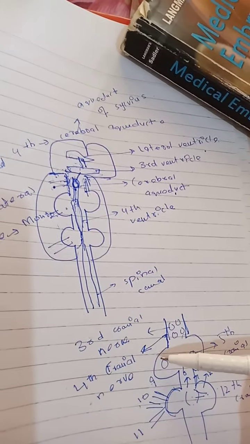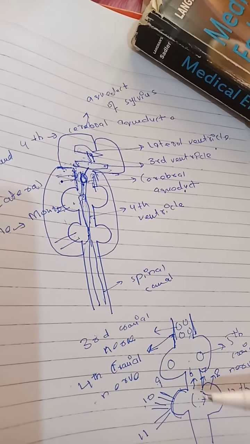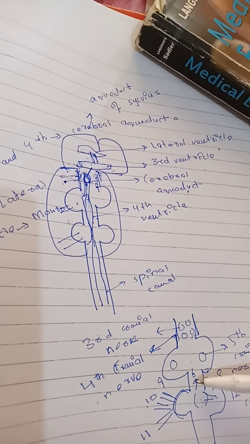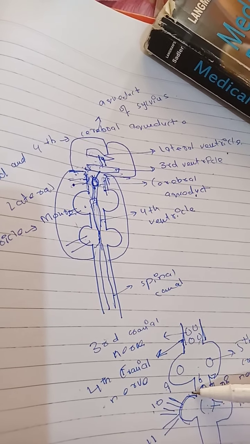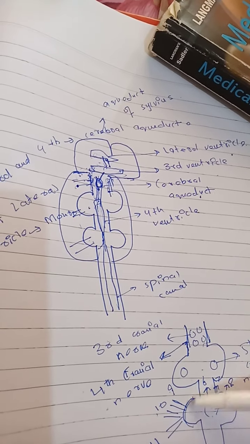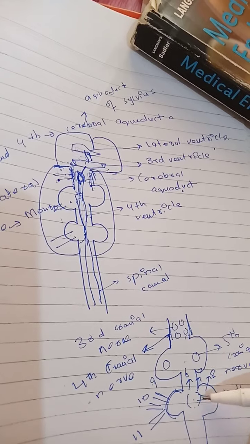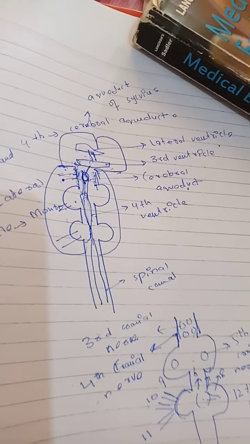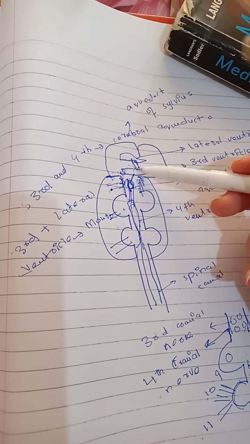The fifth cranial nerve is present at the level of the pons, and the 6, 7, 8 cranial nerves are present at the junction of the medulla and the pons. The 9, 10 and 11 cranial nerves arise laterally from the medulla oblongata, while the 12th cranial nerve is present at the junction of the pyramids and the olives.